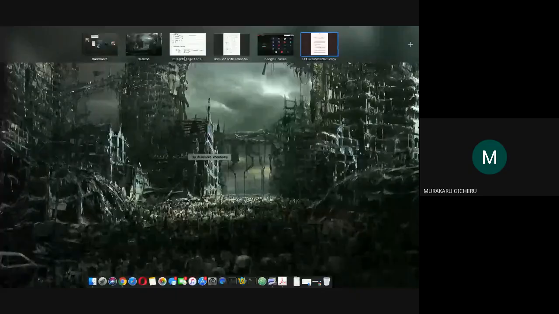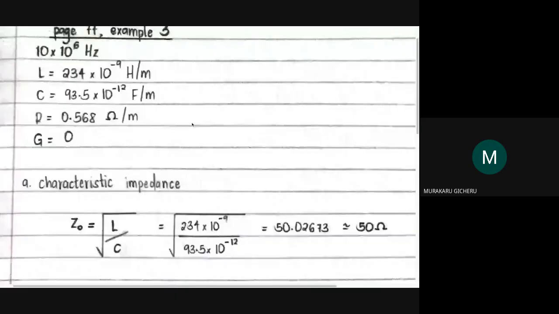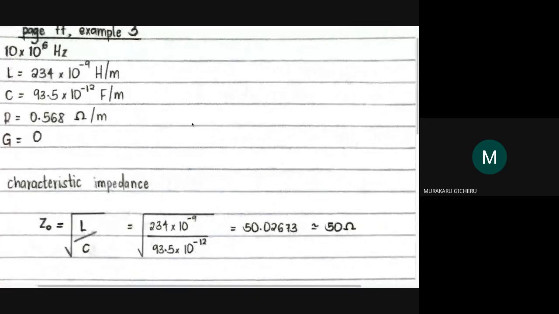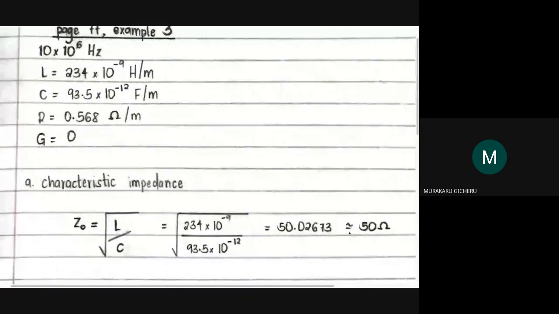So when you use Z naught equal to the root of L over C and punch this into your calculator, you get 50.02673, which approximates to 50 ohms.